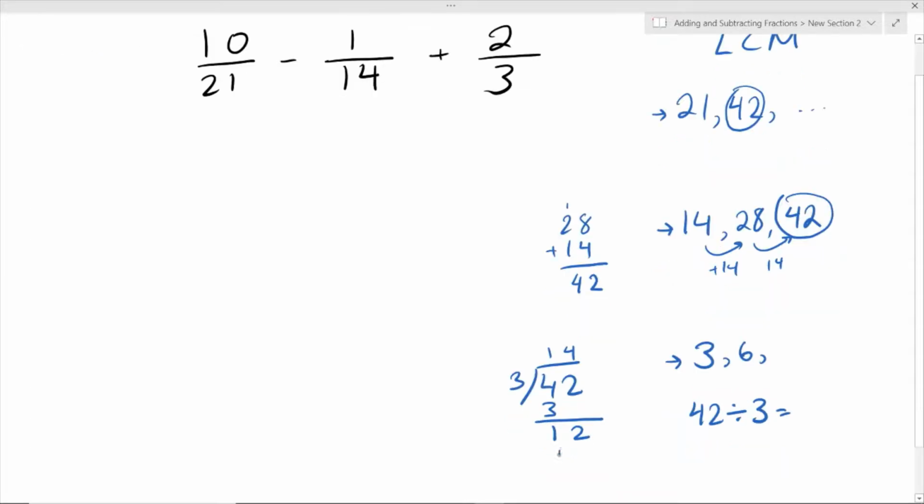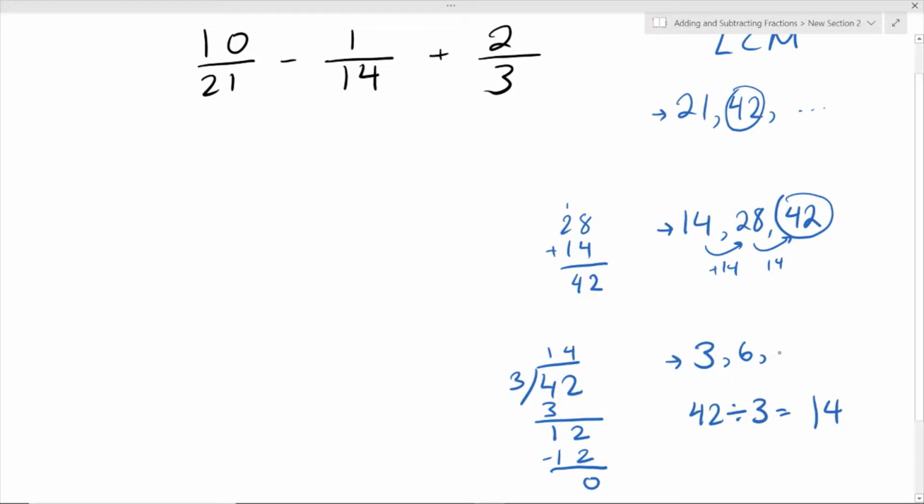And then 12 here, and then another line here. We get 0, right? Because if we subtract this, we get 0. So, okay, remainder 0. So 14 times 3 gives us 42. 42 divided by 3 is 14, right?